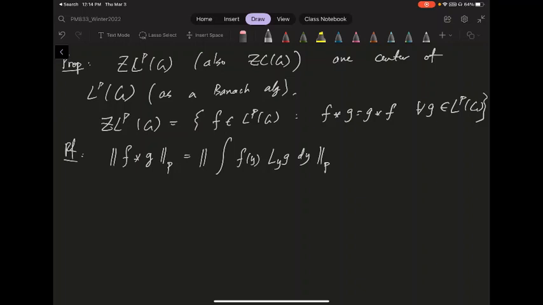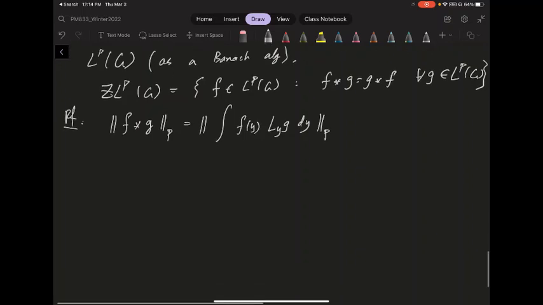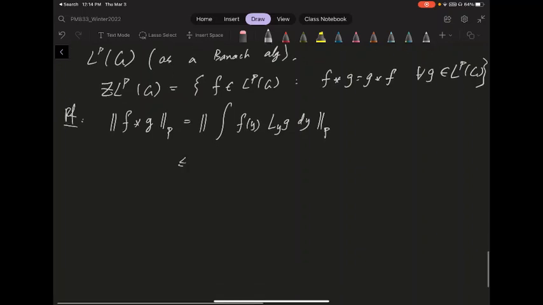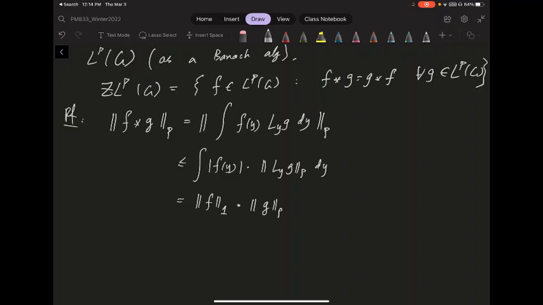You treat this left translate of g as a function inside your Lp space. So this is less than or equal to the integral of the absolute value of f of y times the p norm of this translation. But the translation doesn't change the p norm, so you can move the p norm outside. So this is less than or equal to the 1 norm of f multiplied by the p norm of g.